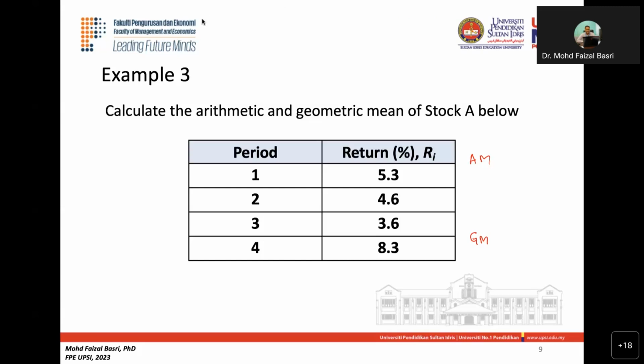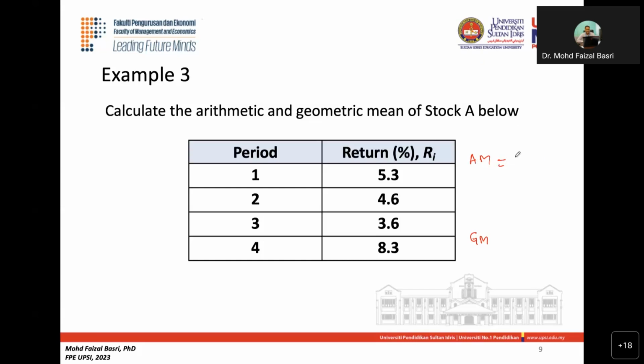And for geometric mean, so based on my calculation, okay, for the mean it's a straightforward one.